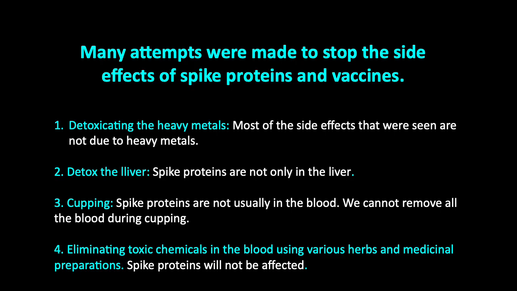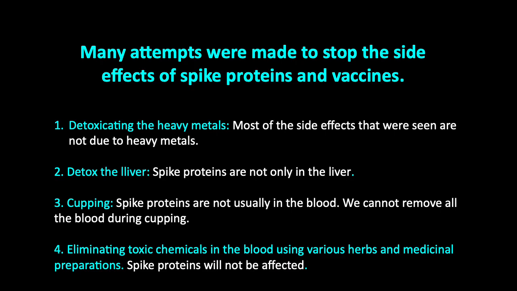Okay, cupping, taking away the blood through certain traditional systems. Cupping is very good to remove some toxins and waste material, but spike proteins are not usually in the blood. Okay, we cannot remove all the blood clotting problem by cupping. It doesn't work that way.